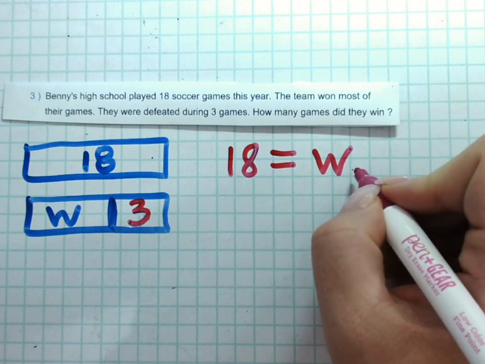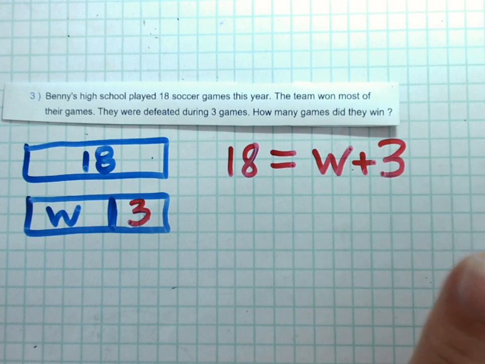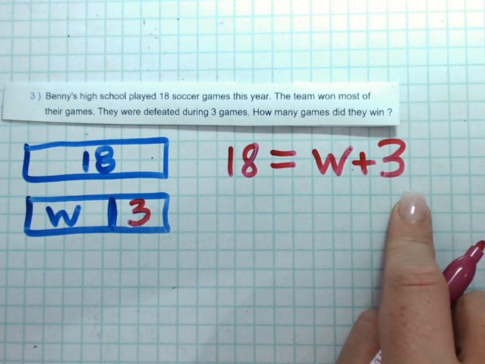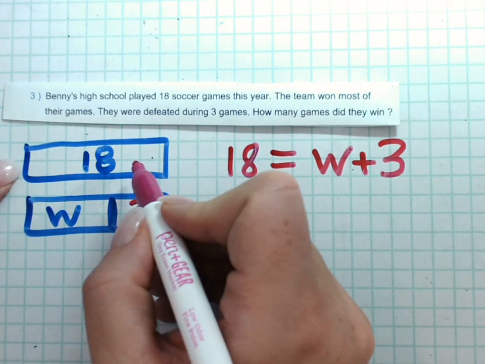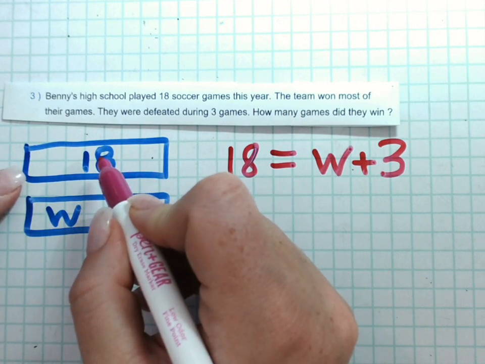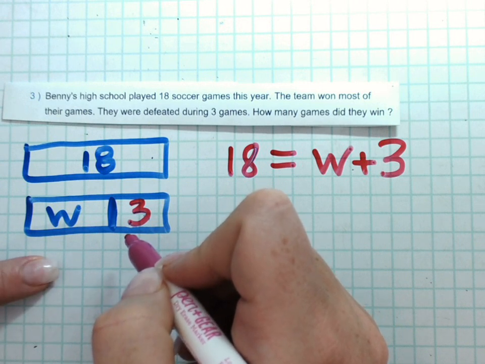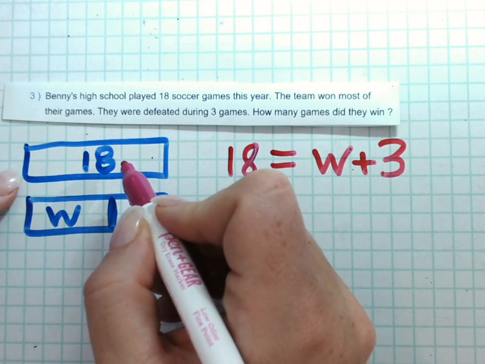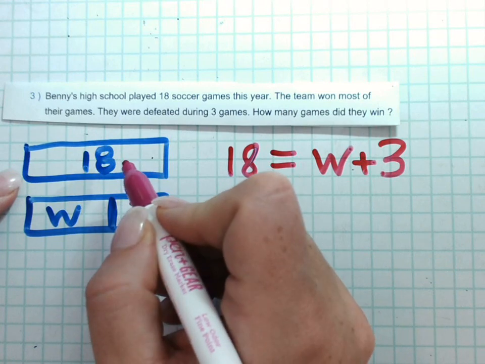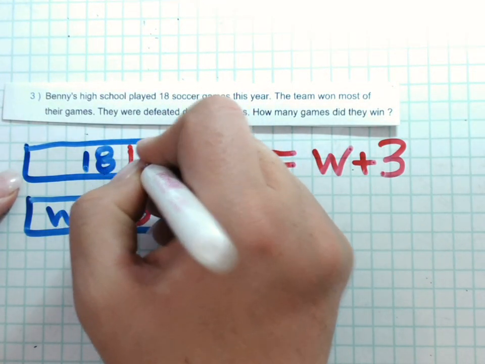And we know that they lost 3, or they were defeated in 3. So over here, I've made a tape diagram to show that they're equivalent. So if we have 18 up here and 3 there, 18, you can think of being 3 and something else.